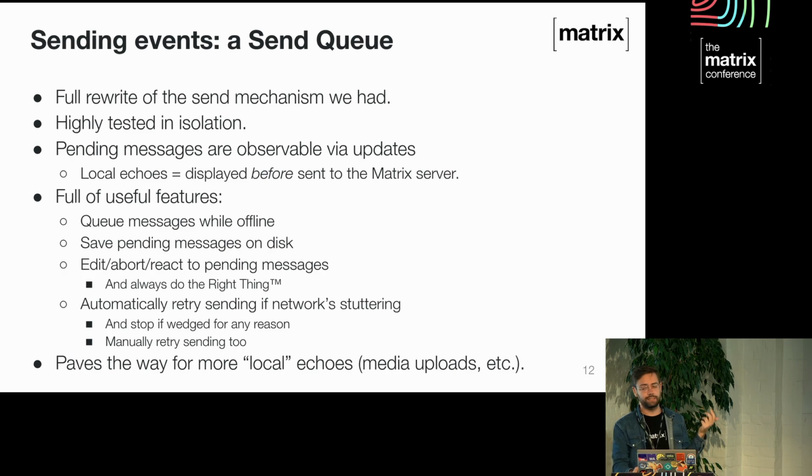Also, if you quit and restart the app, since all the pending messages are saved on disk, you will not lose anything anymore. And the whole intent was also that if the network's stuttering, like you're in the metro, stuff like that, it will retry sending a few times until it works, and then if it doesn't work anymore, it will just block the sending for that room, because there is no need to exhaust the battery life of your device by trying to send a message while you don't have network available.